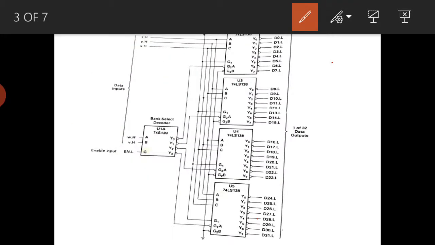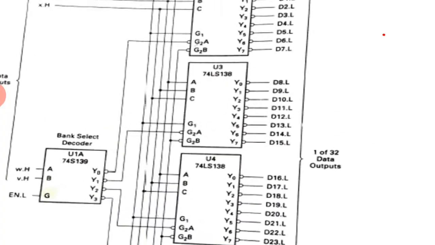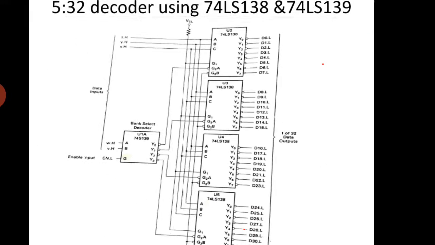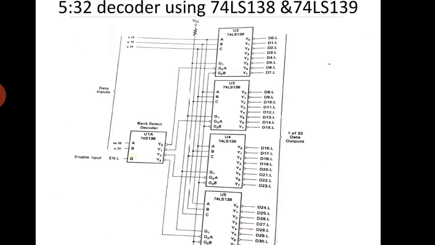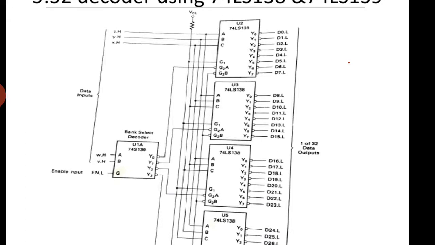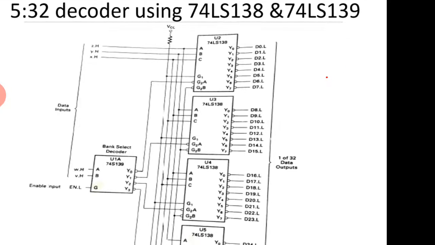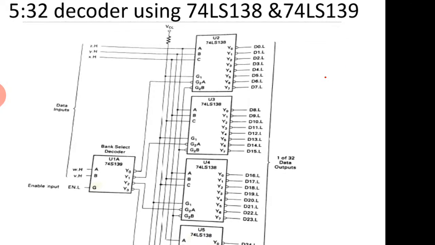Before that, as we can see, each 3 is to 8 decoder has 3 enables. The active high enable G1 is connected directly to VCC, which means it is permanently hardwired to VCC, so it is always 1.